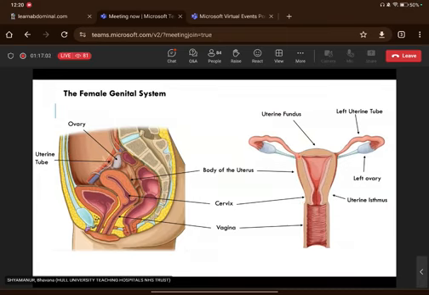The uterine ostium, or the cornu, where the fallopian or uterine tubes open into the uterus, and then above the level of the cornu, that part of the uterus is called the uterine fundus. And then bilateral paired ovaries on either side, which are in contact with the uterus by ovarian ligaments.